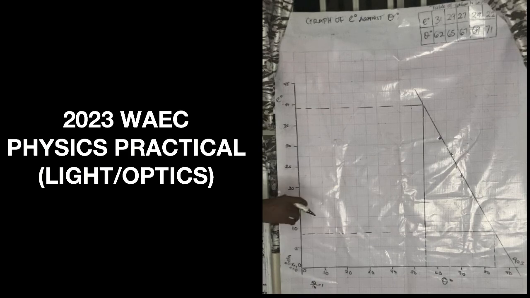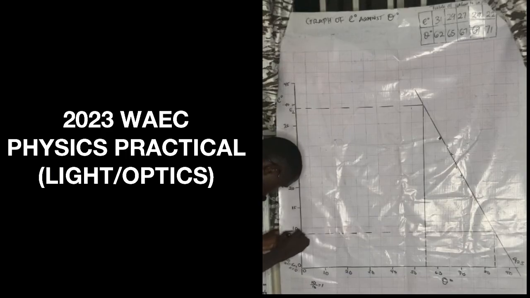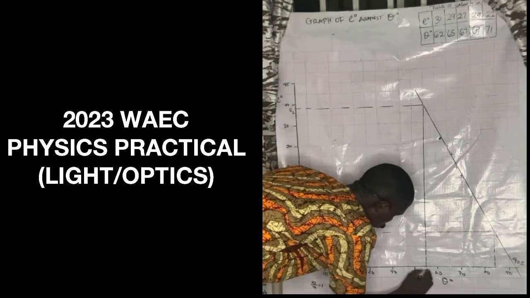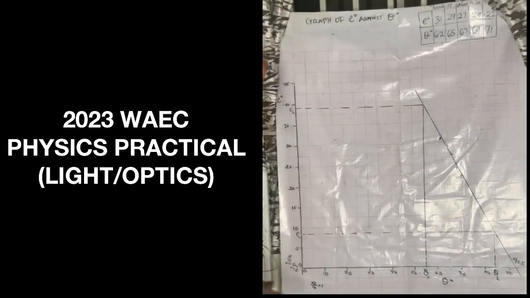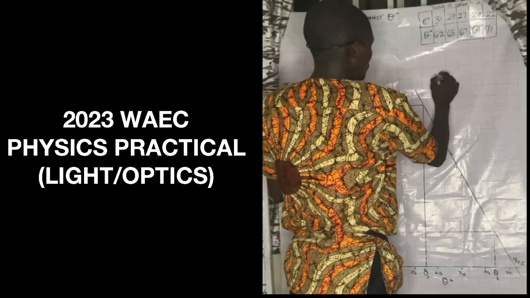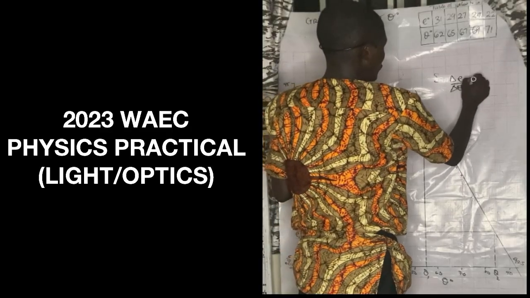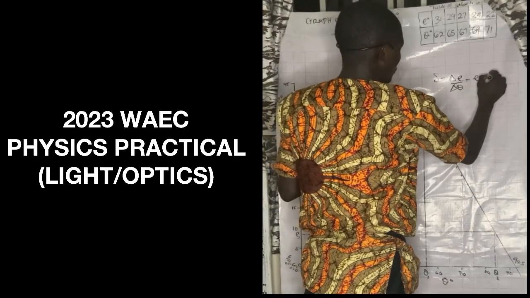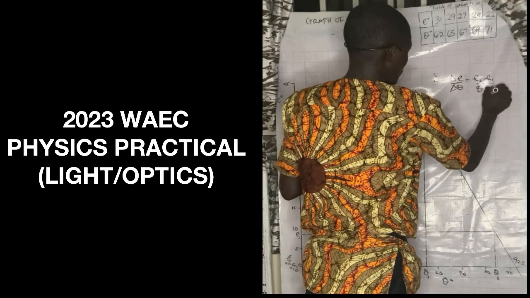We have E2, E1, theta 1, and then theta 2. So how do we go about the slope? S is equal to change in E over change in theta, which is E2 minus E1 over theta 2 minus theta 1.